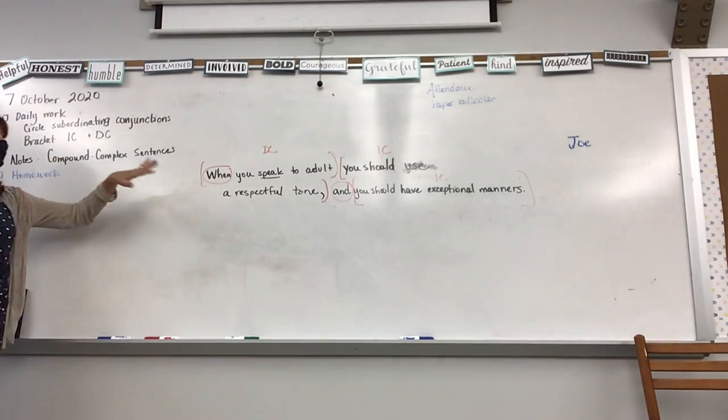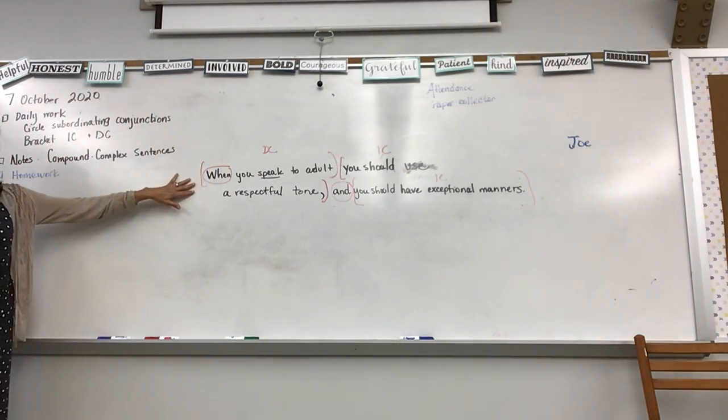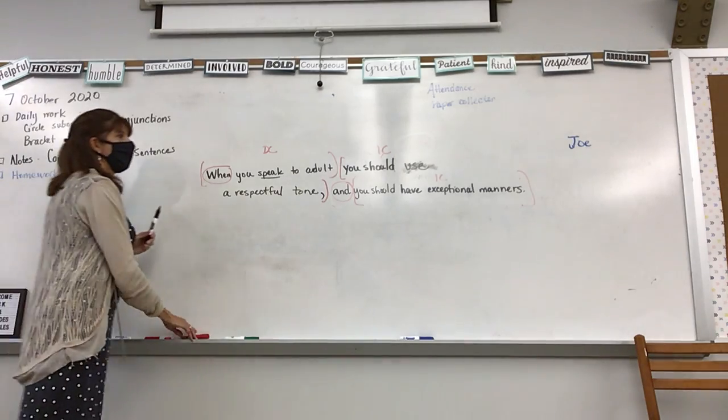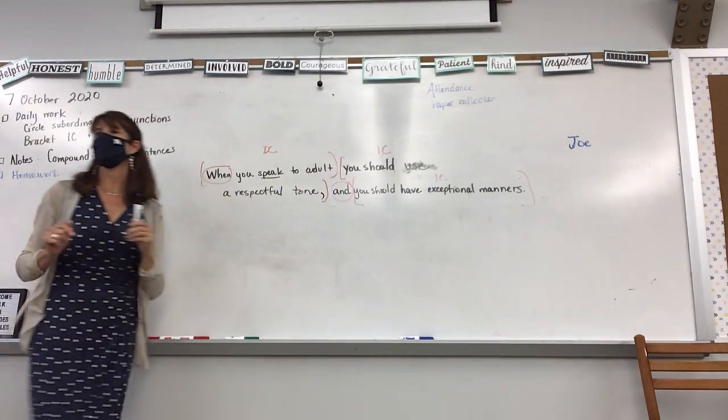Now, is there any way we could have added an independent clause at the beginning? You should have exceptional manners when you speak to an adult. And then you could, but then it would make no sense: and you should use a respectful tone.